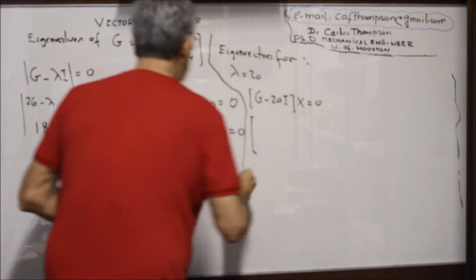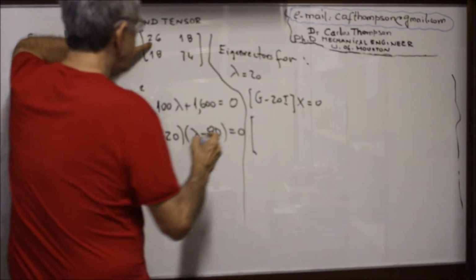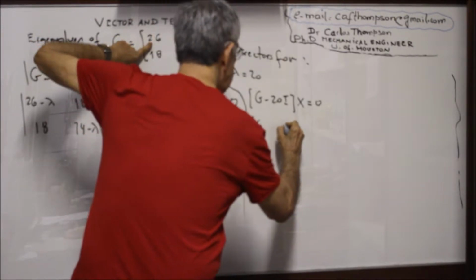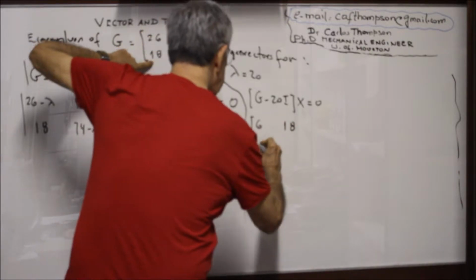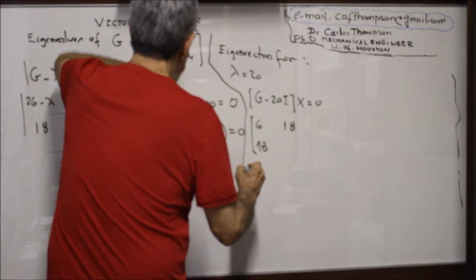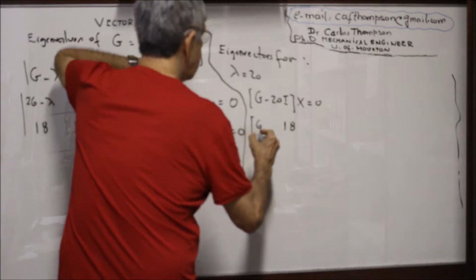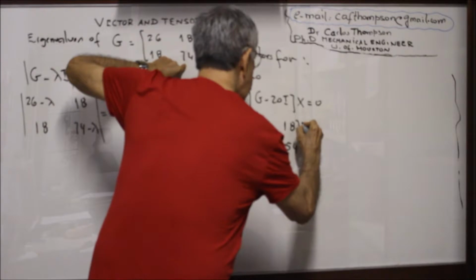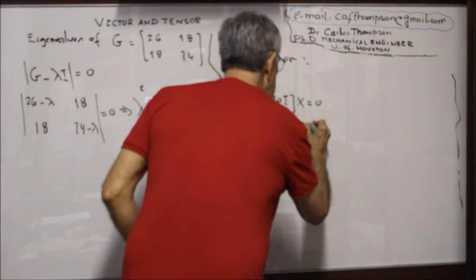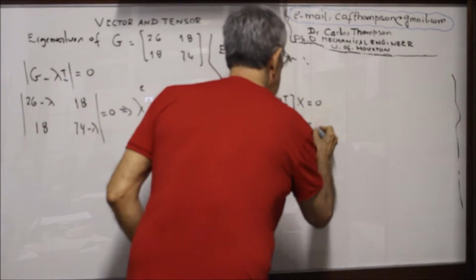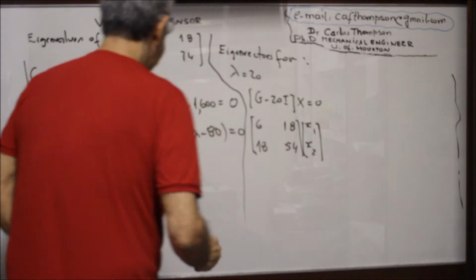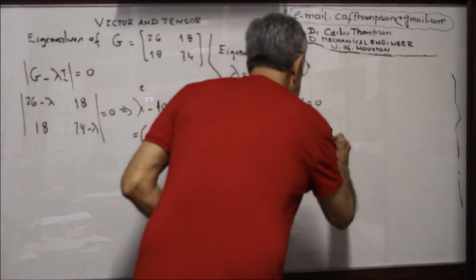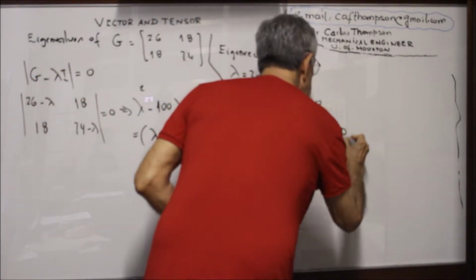G minus 20I: 26 minus 20 is 6, this is 18, again 18, and 74 minus 20 is 54. This times the eigenvector, let's call it x1 and x2 because we are in the R2 space, is equal to 0, 0.